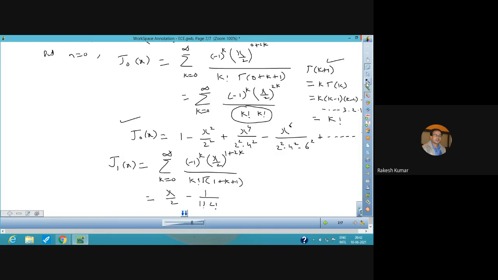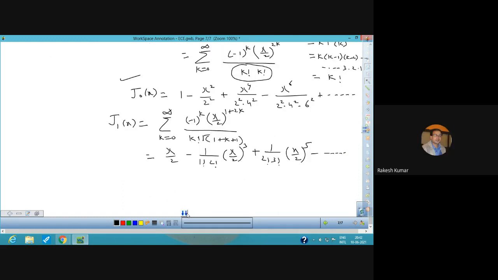Remove the factorial from here. So here you will have x over 2 raised to power 3. Similarly, the next term will be 1 over 2 factorial, 3 factorial, x over 2 raised to power 5, and so on. This will be your value of j1x.